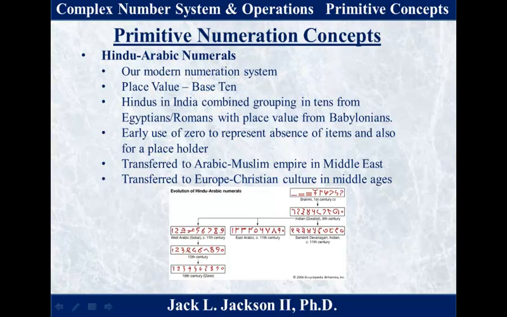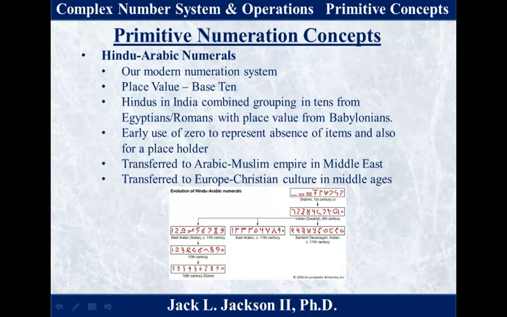And then by the time we got to the 11th century, there's sort of variants of it. The Sanskrit in India has this group here on the right. The middle one is the East Arabic version, and the Western Arabic that made its way to Europe looks like these symbols here. Starting to look pretty recognizable there in the West Arabic. And by the time we get to the 15th century, we see some symbols here.